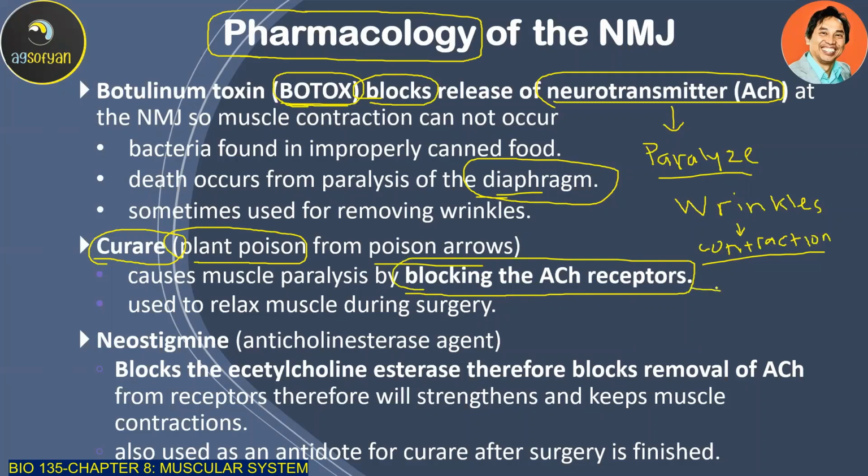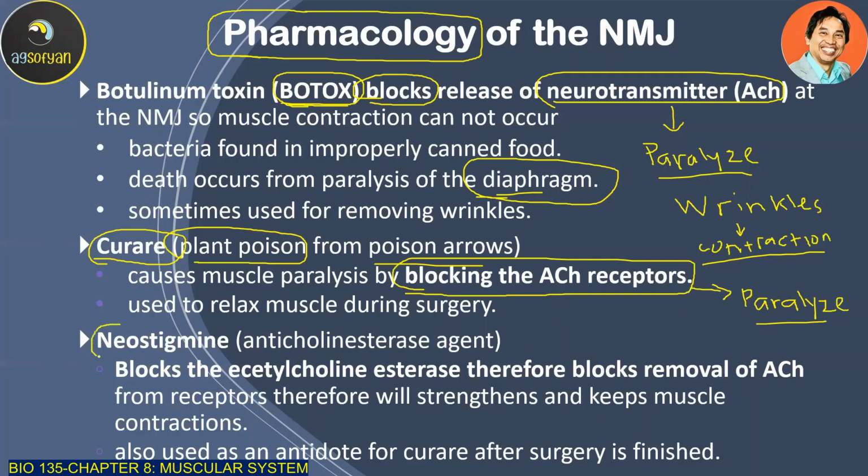And what's the result? It's the same as Botox, paralysis, because sodium will not enter into the cell, and at the end the calcium will not be released from the SR. There will be no contraction, paralyzed.